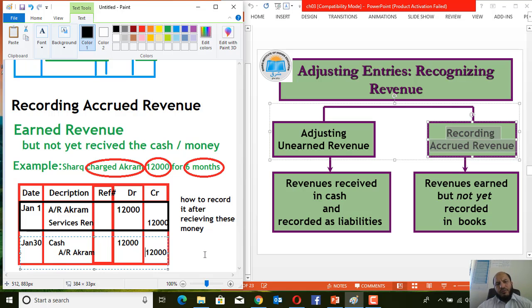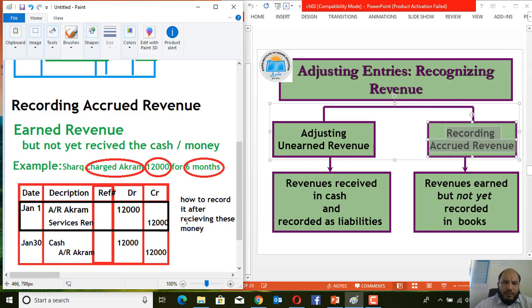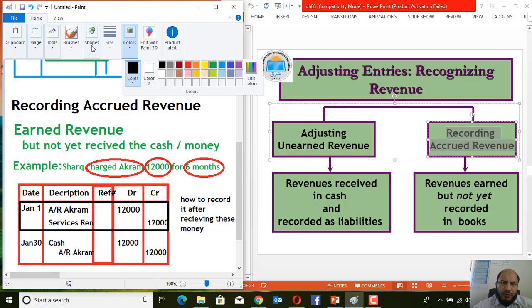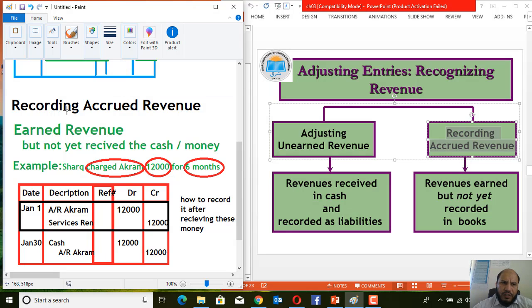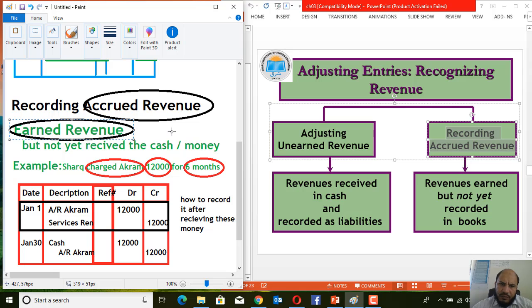So see, dear students, we have recorded the amount for it. The unearned revenue, the accrued revenue. It is a type of revenue that we have earned the money, okay, but not yet received the cash.